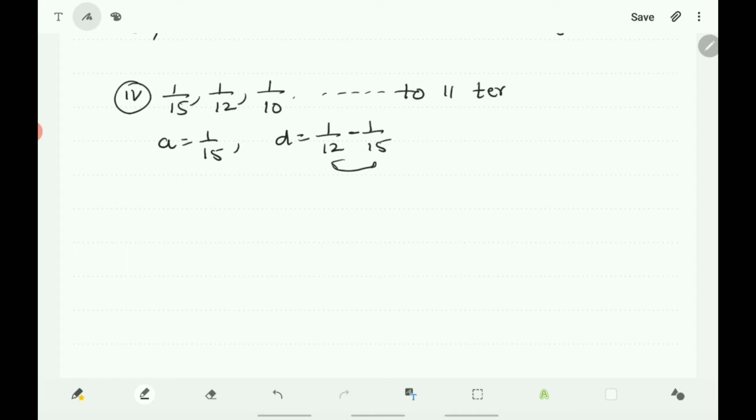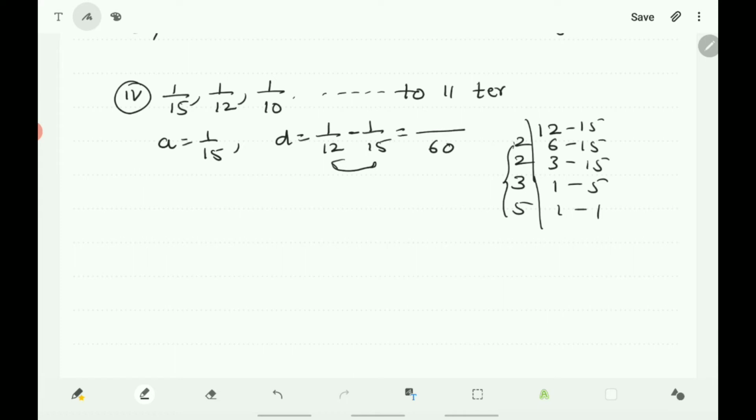Here you must take the LCM of 12 and 15. You know the method of finding the LCM. That is 2 2s are 4, 4 3s are 12, 12 5s are 60. So 60 is the LCM. 12 5s are 60, 1 5 is 5, minus 5; 15 4s are 60, 1 4 is 4. So it becomes 1 by 60.